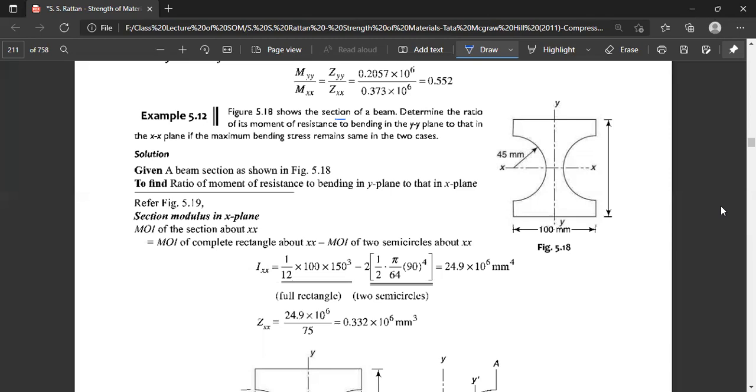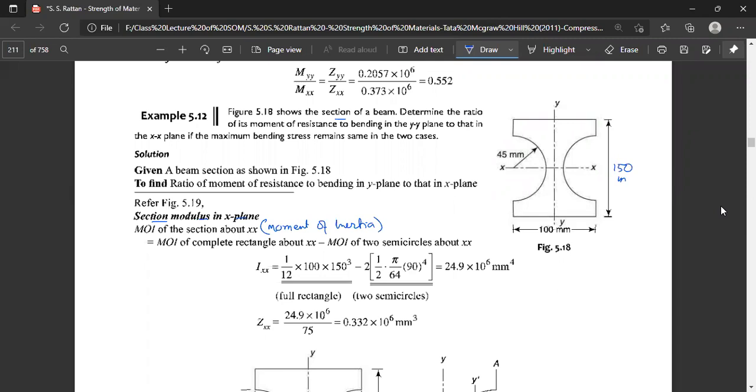Now, for this ratio of the moment of resistance to bending in the y plane to that in the x plane, we first have to find the section modulus in the x plane. The moment of inertia is the moment of inertia of the complete rectangle about xx minus the moment of inertia of the two semicircles about xx. This is the complete rectangle with base equal to 100 and height equal to 150 millimeter, also given though not written here.